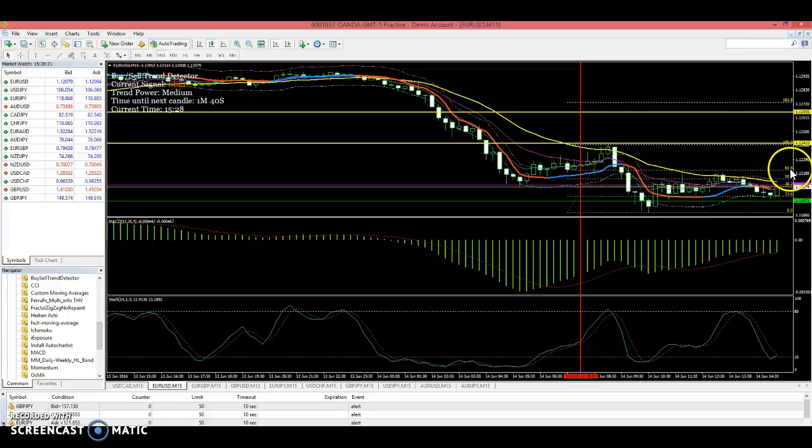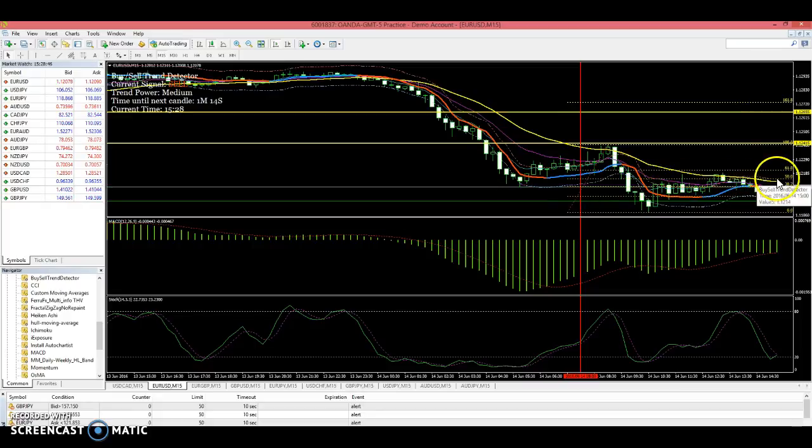So 61.8% right here, 50% here. Sometimes it goes to 38, but just get an understanding of what the retracement does. It goes up to the 50% retracement, kind of in between the 50 and the 60% retracement, and then drops back down.